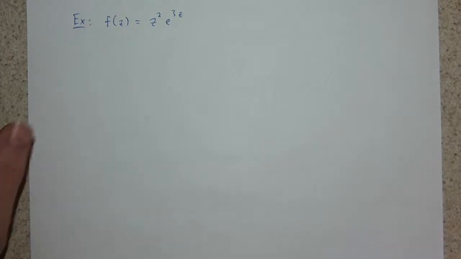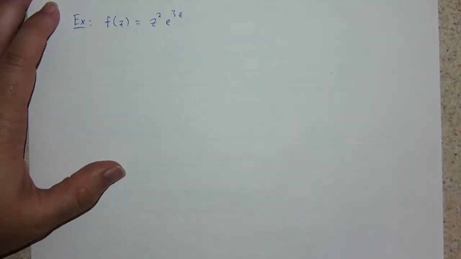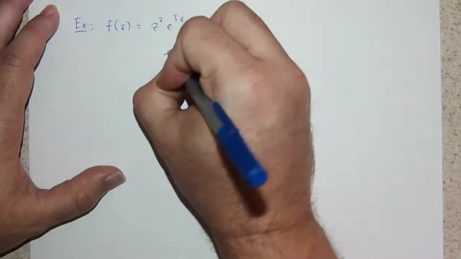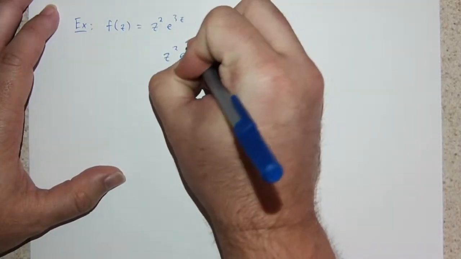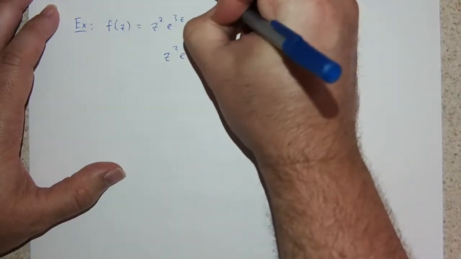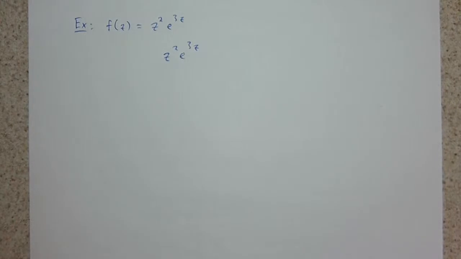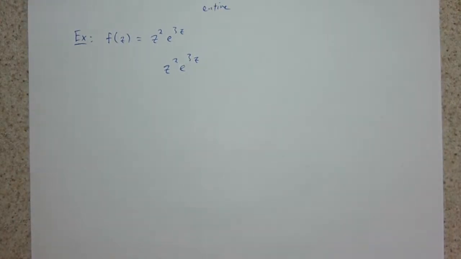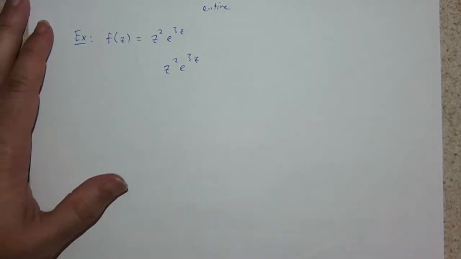Okay, and so the easiest way to do this is exactly that way I described. And so for the power series expansion that I'm looking for, z squared e to the 3z is also entire. So I don't have to worry about what point I choose here. I can use the Maclaurin series perfectly fine.